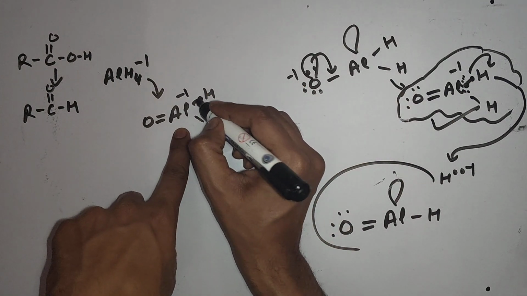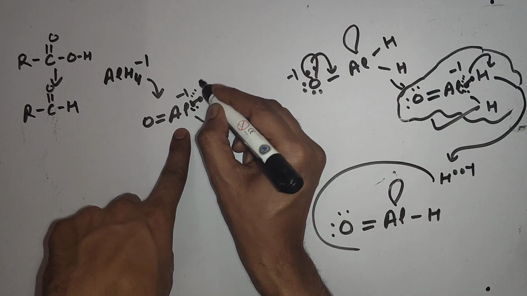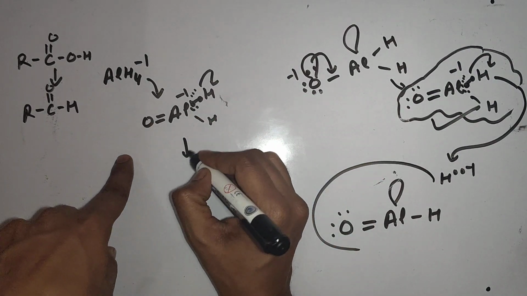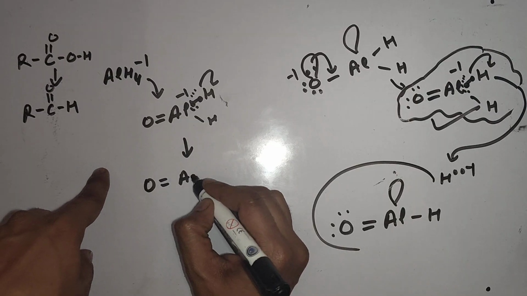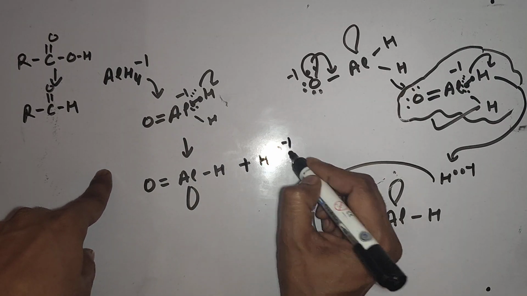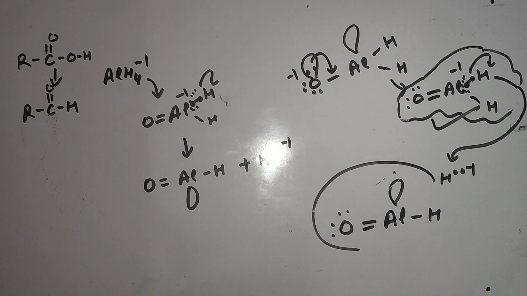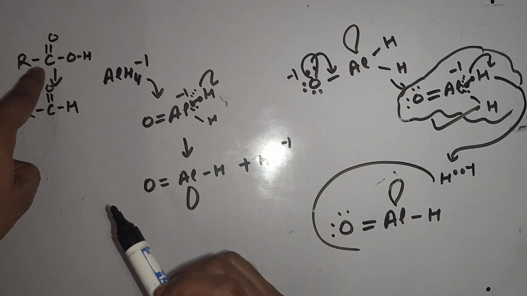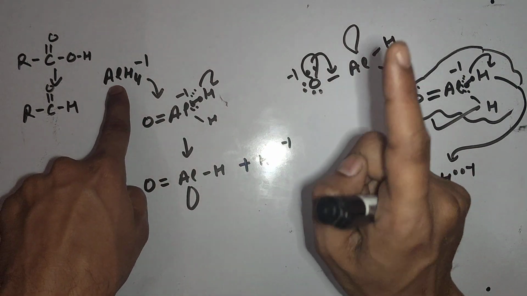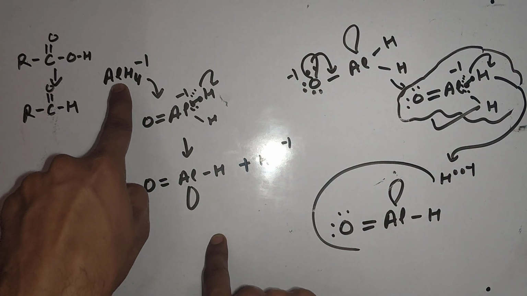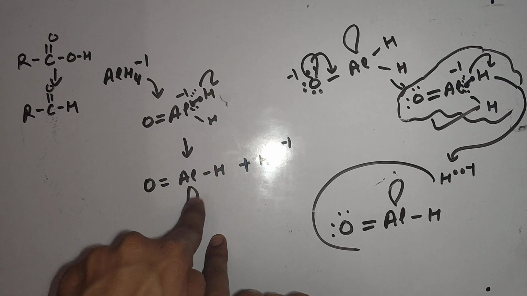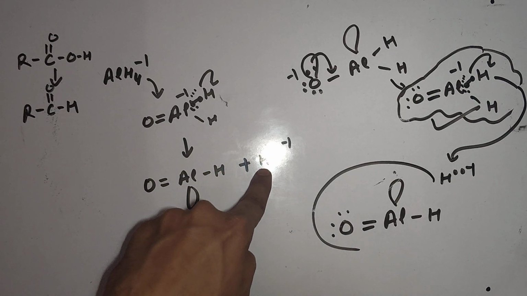And this particle has again released one more hydride. Here I am writing, and it changes itself to this one. So up to here the story was this, check carefully. One particle of carboxylic acid changed to aldehyde due to one particle of aluminium hydride, which further turned itself to AlOH vacant orbital, and again it has released a hydride ion.